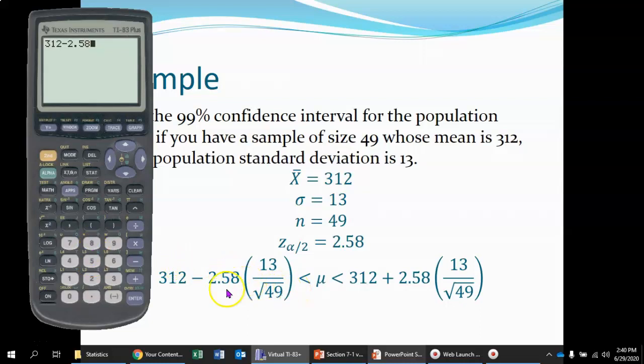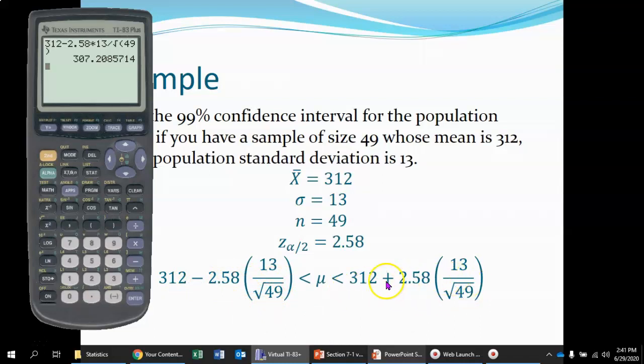You can put them in if you want, or you can just put it in as times 13 divided by the square root of 49. And it comes out as 307.20857 and so on. So about 307.2. So that's the first number. That's the left endpoint of our interval.